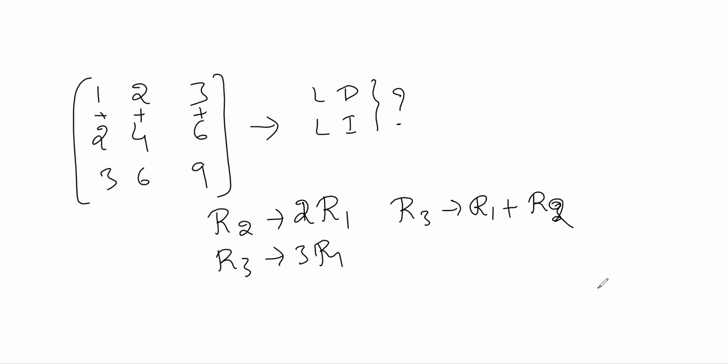So now I'll consider one more matrix: 1, 2, 1; minus 2, minus 3, 1; 3, 5, 0.